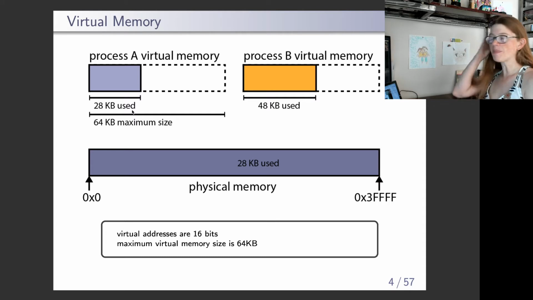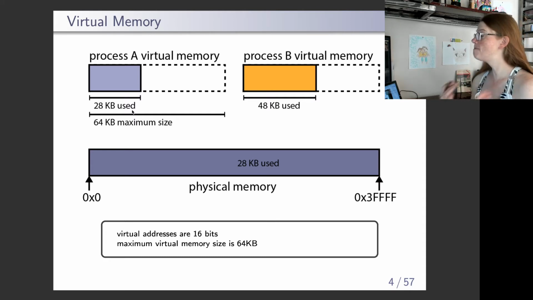So even though process A and B could both have virtual address spaces that are 64 kilobytes, we're actually going to allocate less space to them because they don't need that much. Now what we're going to do then, please ignore the label in the middle of physical memory. What we're going to do is find ways of mapping these virtual address ranges into the physical address ranges.